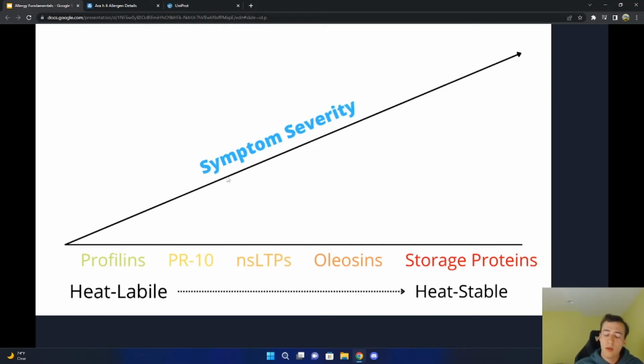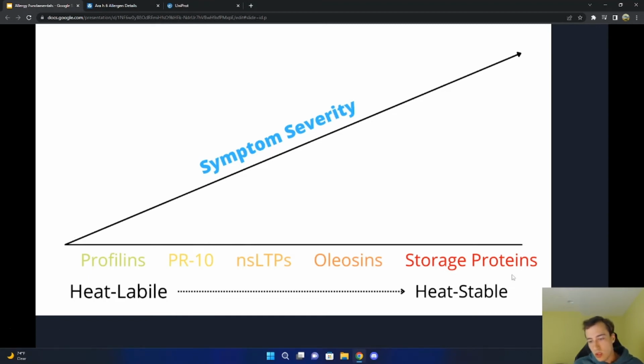Not very severe. Itchy tongue, maybe a swollen throat, itchy throat, and this is because these proteins cause a less severe reaction in the body.